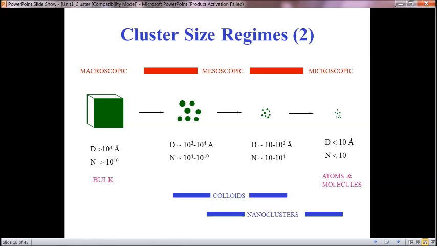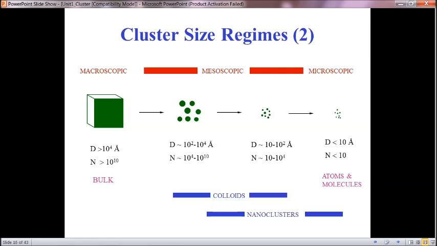If the number of elements is greater than 10 to the power 10 and the diameter is greater than 10 to the power 4 Angstrom units, the element is macroscopic and looks like bulk. And if the diameter is 10 to the power 2 to 10 to the power 4 Angstrom units and the number of elements is 10 to the power 4 to 10 to the power 10, it comes under mesoscopic, and the element has the property of colloids.